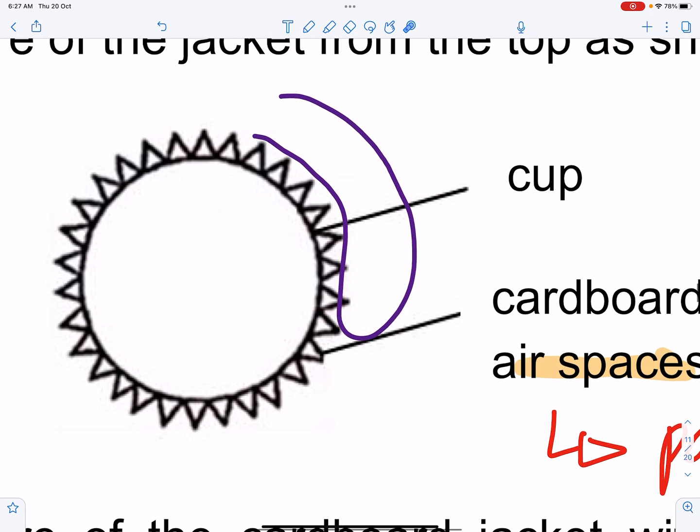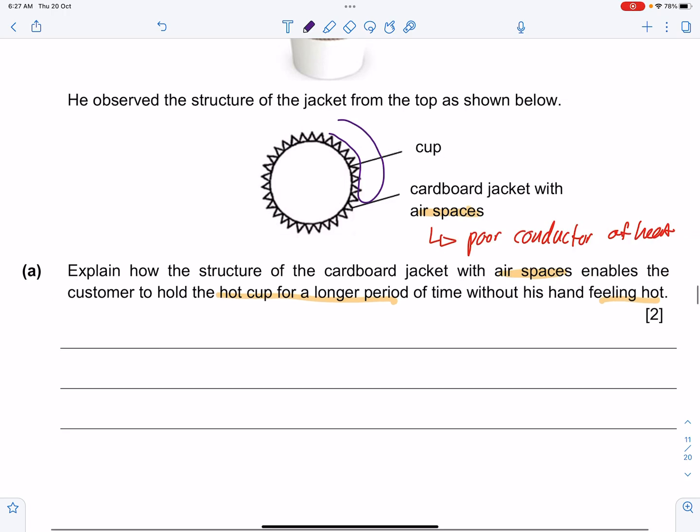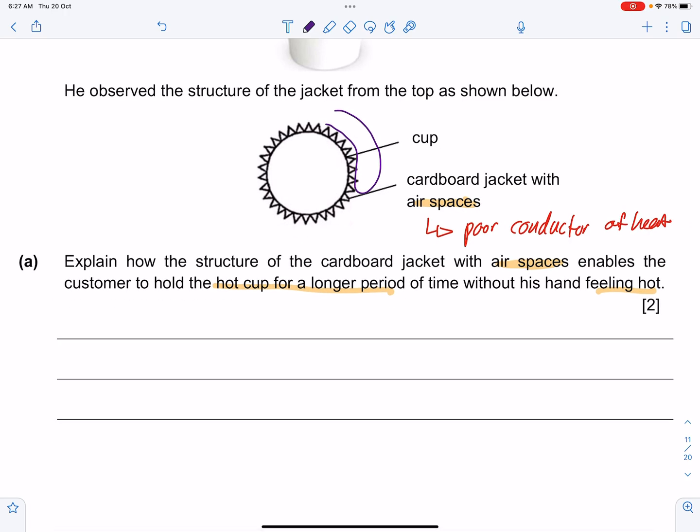So now I need to translate whatever I've just said into this answer over here. So how do we do that? Okay, first things first, they keep mentioning air spaces, right? So you need to say the air in the air spaces is a poor conductor of heat.